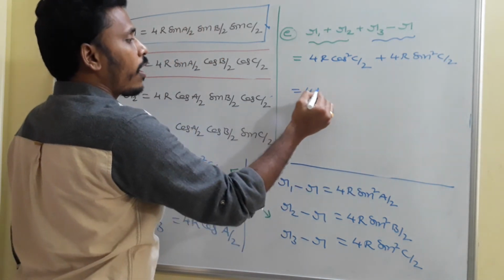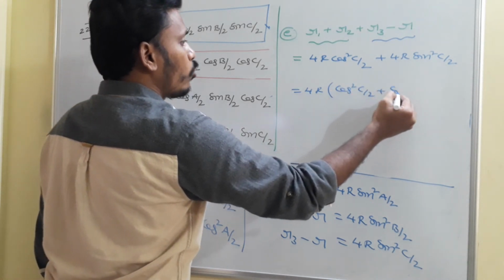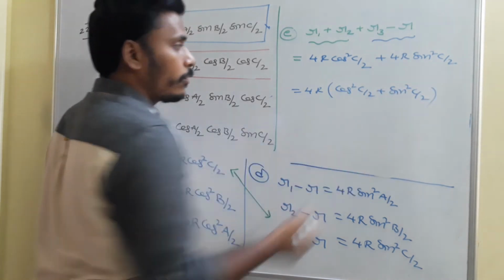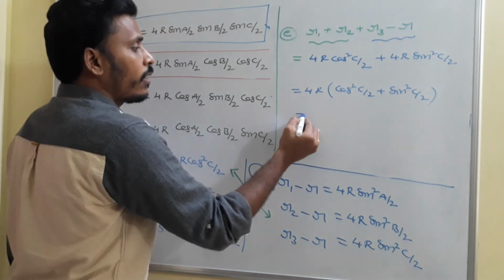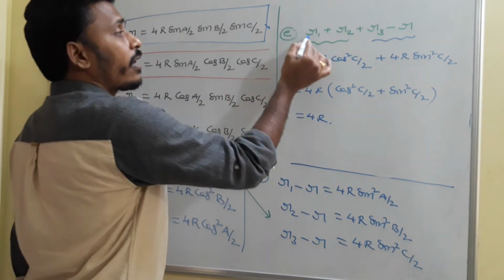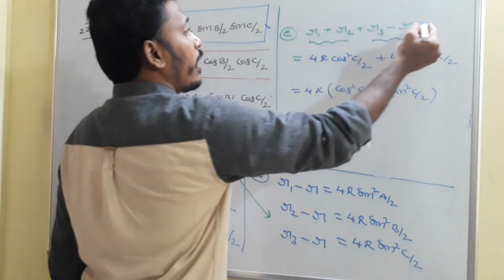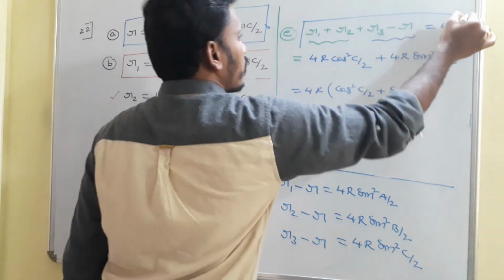You just write 4r as a common factor, then in the bracket you have cos square C/2 plus sin square C/2. And we know that cos square theta plus sin square theta is 1, so this is equal to 4r. At the end it is very clear that r1 plus r2 plus r3 minus r is equal to 4r. We need to memorize it.